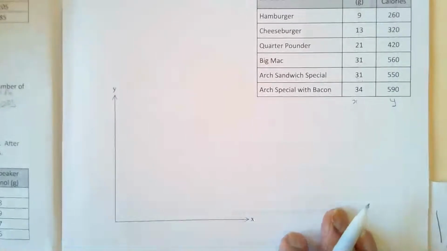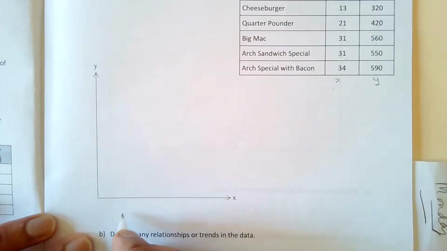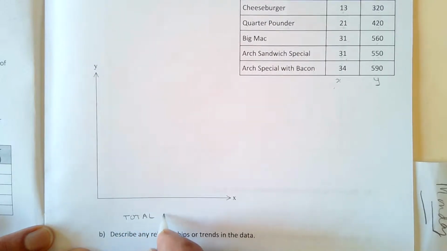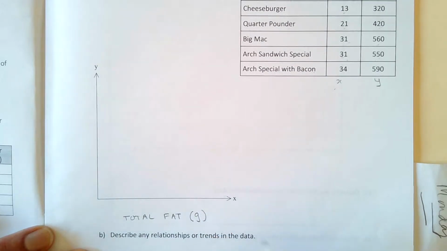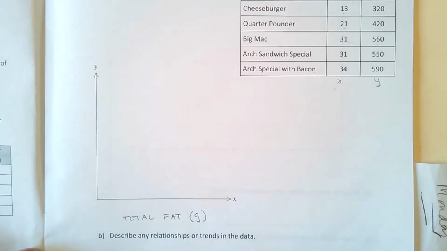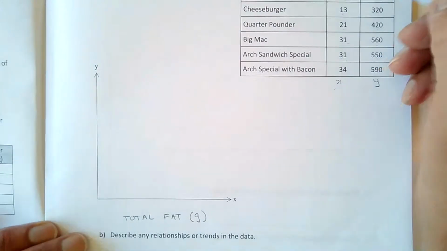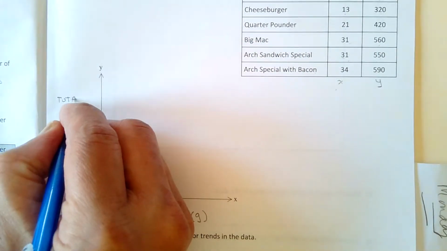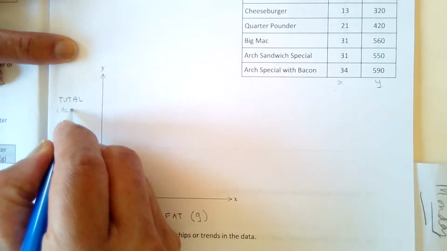So let's go ahead and label our x and y coordinates. So we'll have total fat here, and we put in brackets the units in grams. And our y coordinates will be total calories.